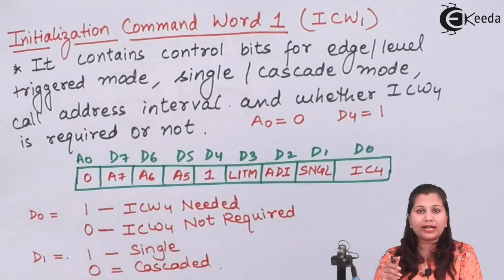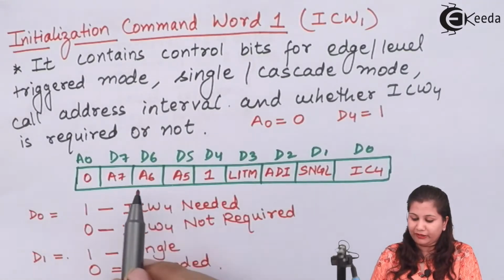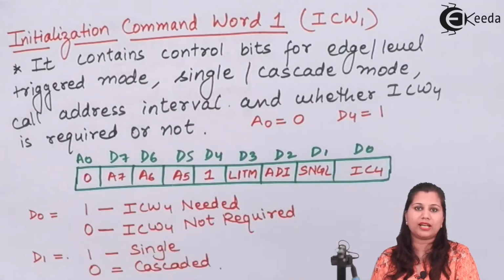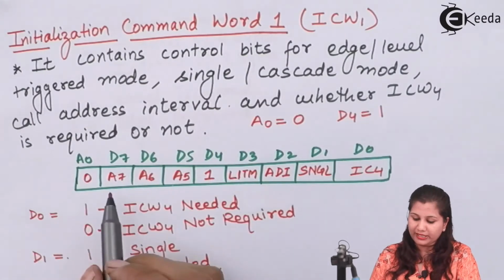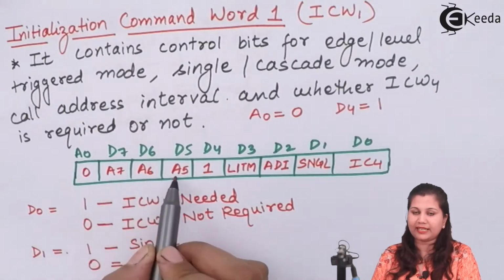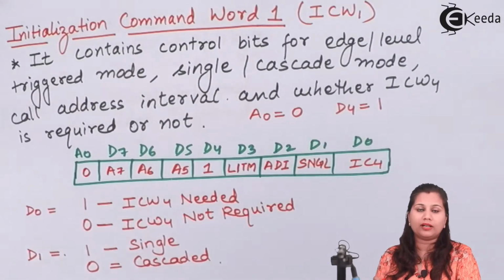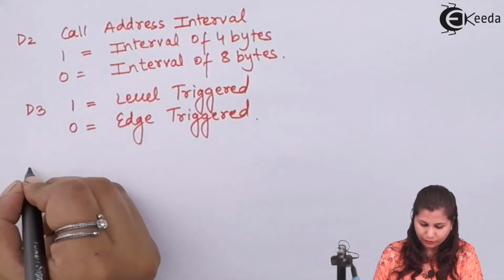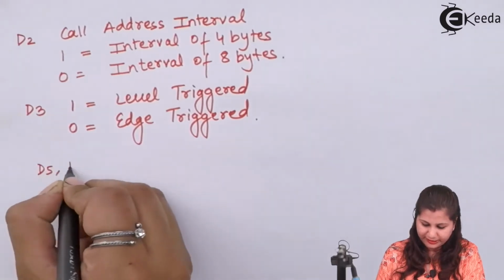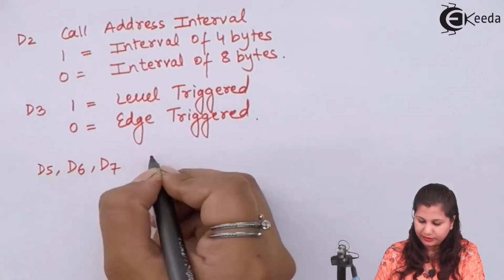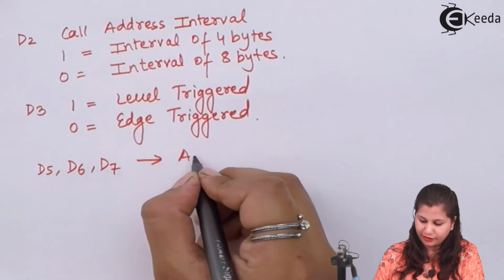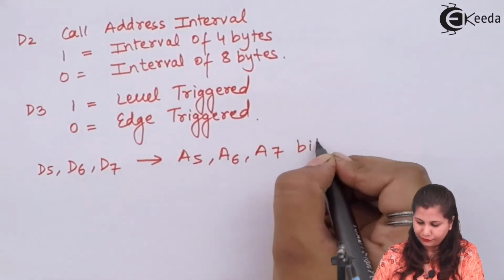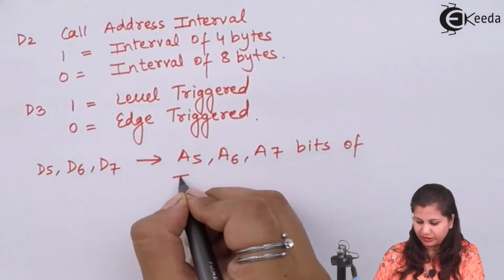That address, the A5, A6 and A7 bits, is provided by these 3 bits of this initialization command word. So D5, D6 and D7 are the A5, A6 and A7 bits of the interrupt vector address.